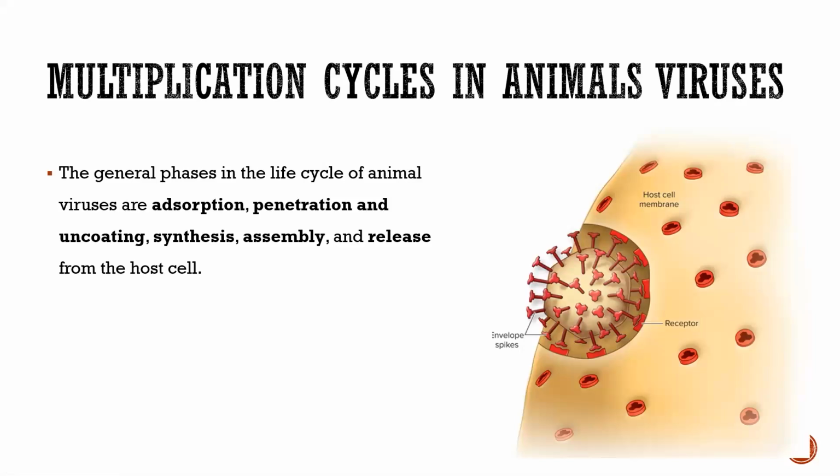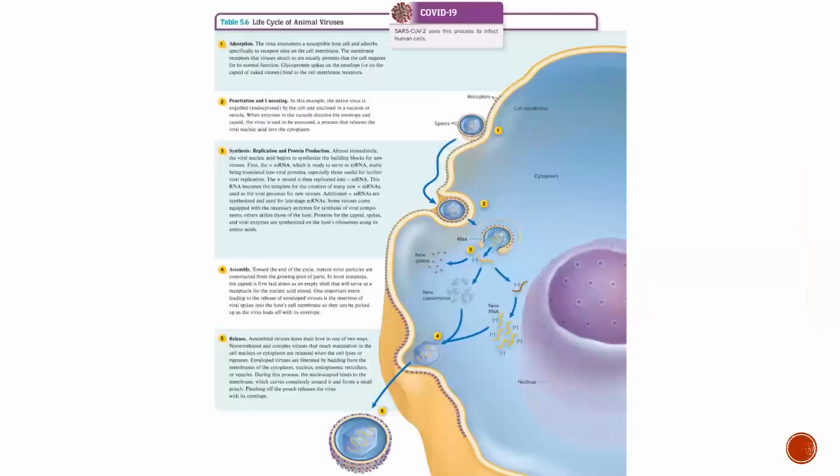So first it's going to have to dock and be absorbed into it, penetrate and get uncoated and get any of its genetic material out. Then that genetic material can be used to synthesize all the components of the virus that can then be assembled, and then they can be released to find new hosts.